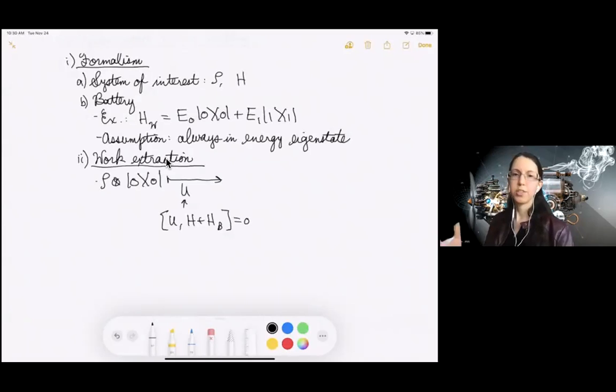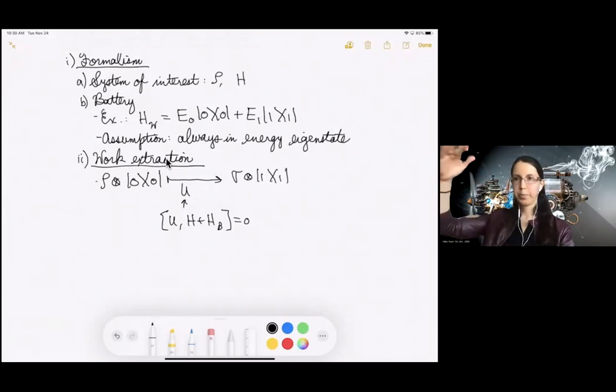So it shifts energy from the system into the battery. So the system of interest will end in some state sigma, and the battery will be in its excited state. It's as though the battery were some object in a gravitational field that started off far down and ended up high up.